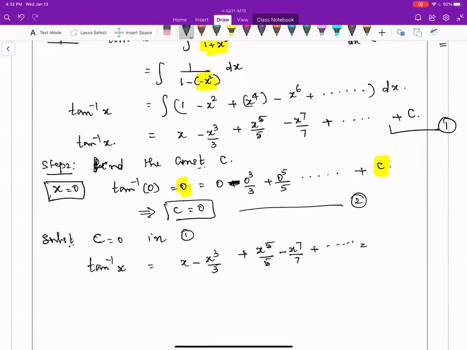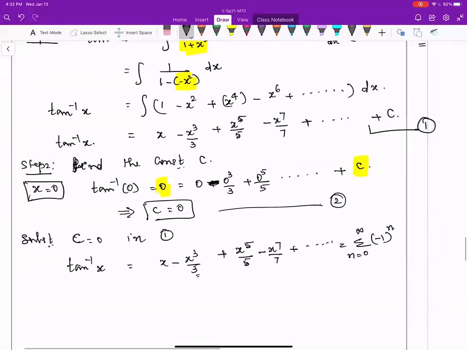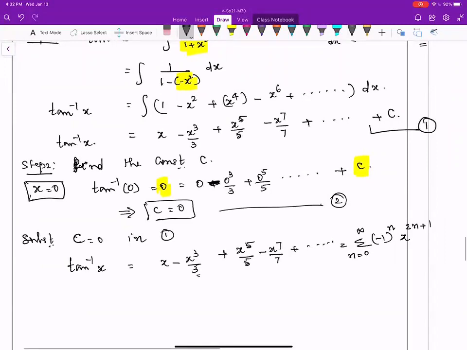So it alternates sign. Also we notice that the exponents of x are only 1, 3, 5, 7 and so on. They are all odd numbers. Whatever the exponent is, that is the same as the denominator as well. Because the terms are alternately positive and negative, you have to introduce the negative 1 to the power n, and then it is x to the power... An odd number is always represented as an even plus 1 divided by even plus 1.